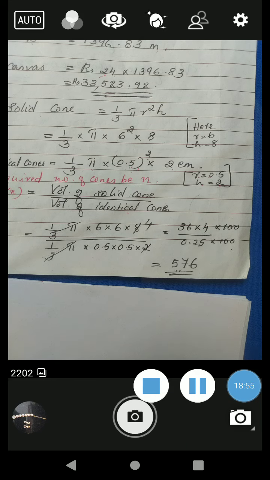Okay, so remember all these formulas and just apply them in the given questions. Okay, thank you.